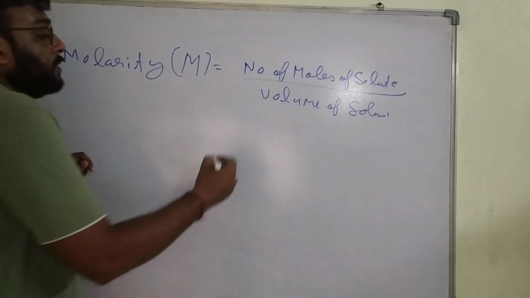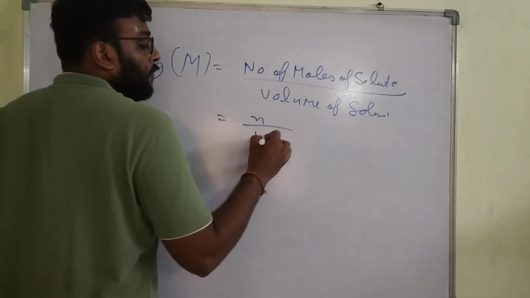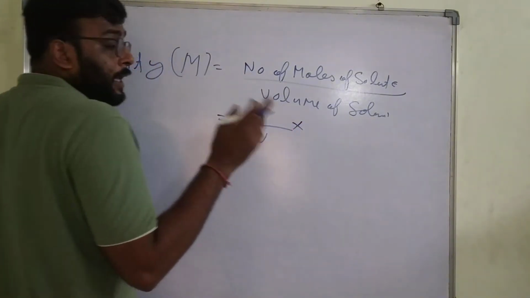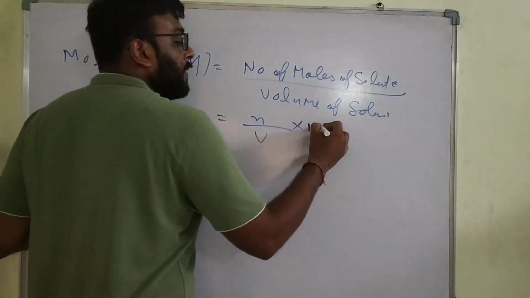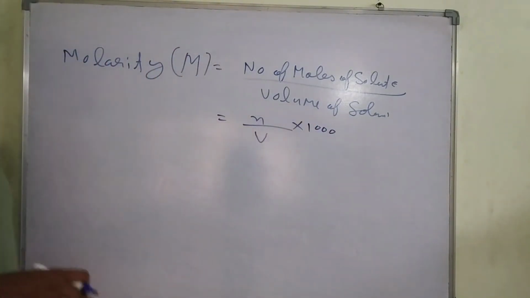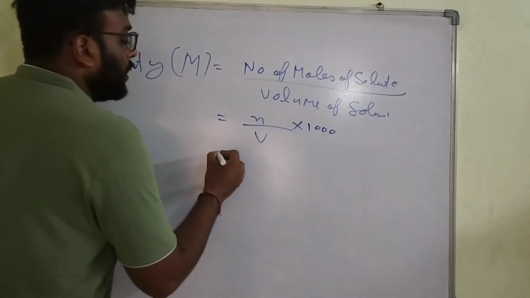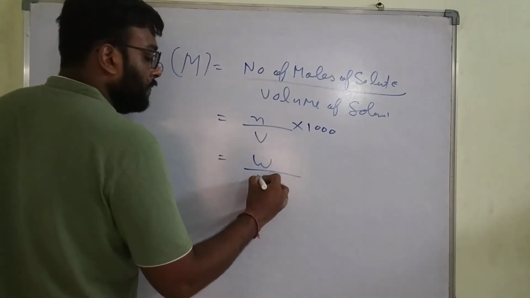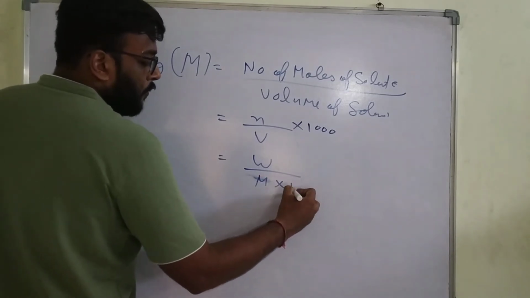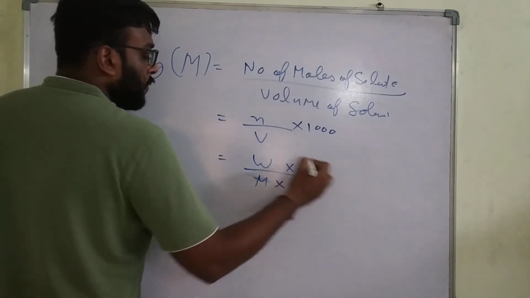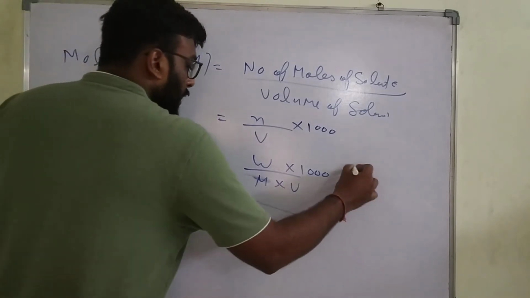What is the number of moles? As you know, N upon V into liter. Generally we are considering the volume as milliliter. In that case you have to multiply with 1000. If it is already in liter, you need not multiply with 1000. What is N? Weight in gram upon molecular mass. So what is the formula coming out for molarity?